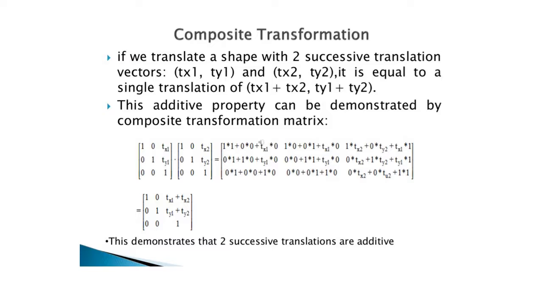If a matrix is represented in column form, then the composite transformation is performed by multiplying matrices in order from right to left, so the output obtained from the previous matrix is multiplied with the newly coming matrix.